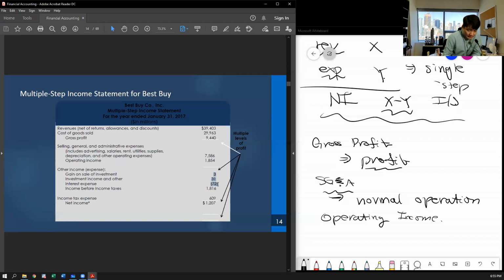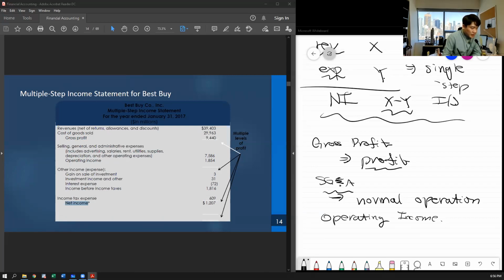After deducting that, the company will report income before income taxes. And after paying taxes, the company finally reports this net income of $1 billion. As you can see, there are multiple levels of profits reported in the income statement, and this is what we call a multiple step income statement.